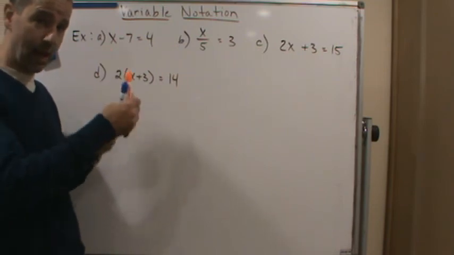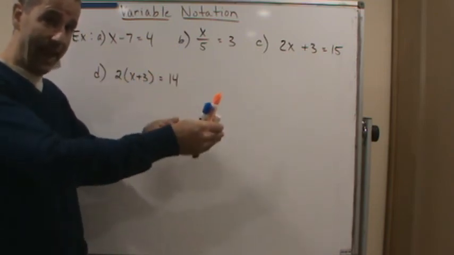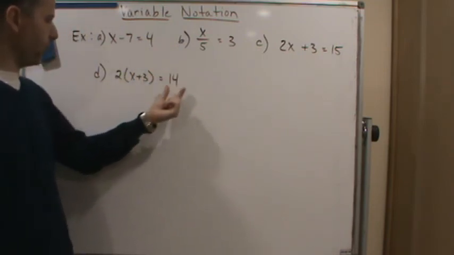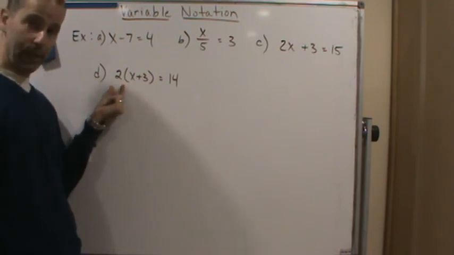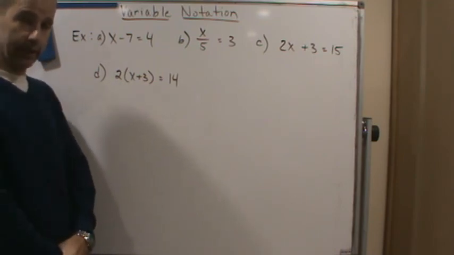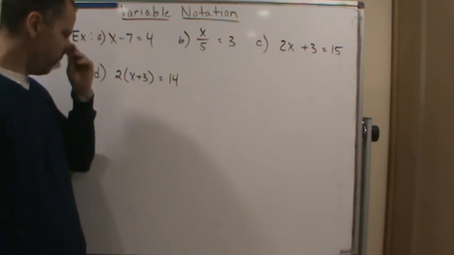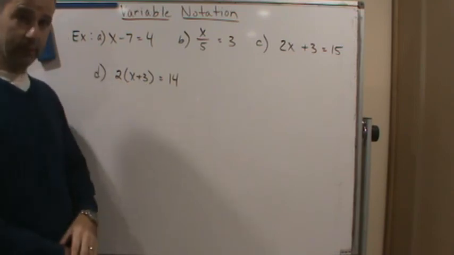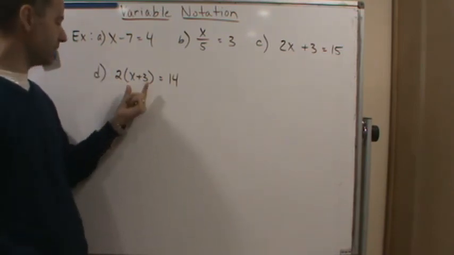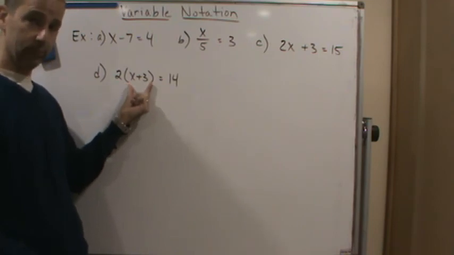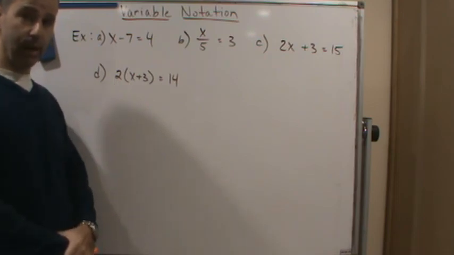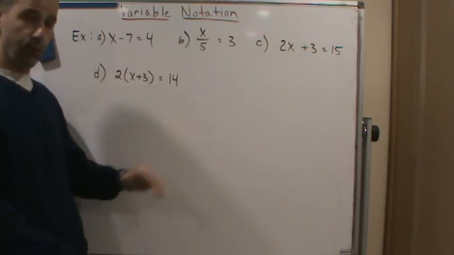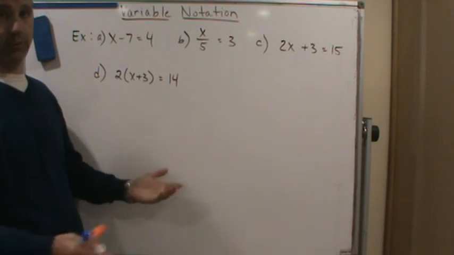So if I say the sum of this and that, here I could say 14 is the result of taking the sum of a number and 3 and multiplying that by 2. Or I could say, if I take a number plus 3, or if I take the sum of a number and 3, either of those would work, and multiply that sum by 2, the result is 14. So that will work too.